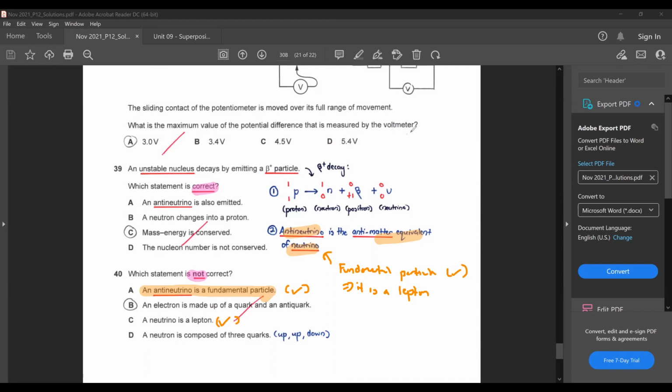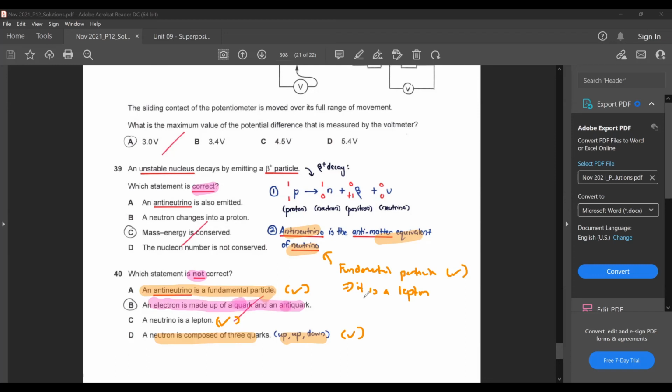And then after that, a neutron is composed of 3 quarks, which is also correct. Neutron is up, down, down quark. So D is also correct. All right. Now then, that means the only thing that is wrong is B. An electron is made out of quark and antiquark.